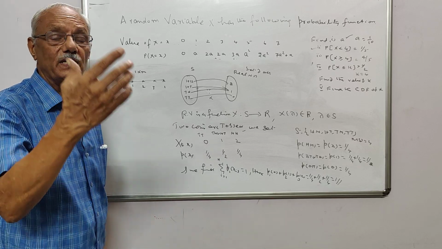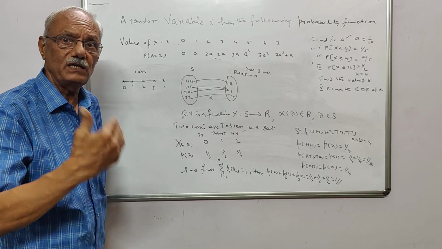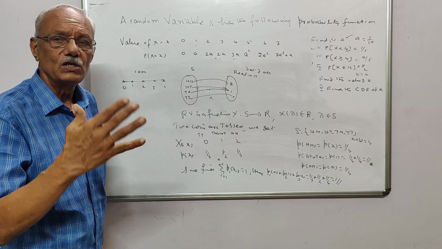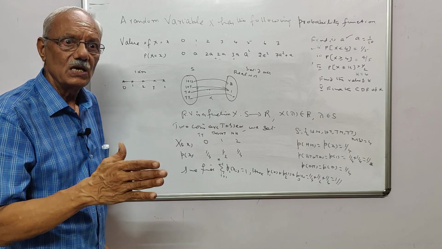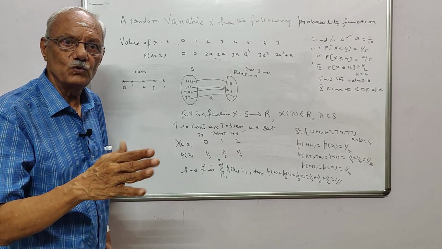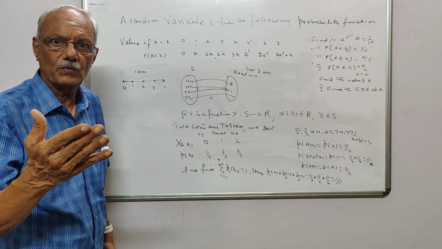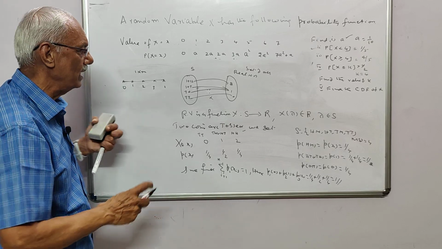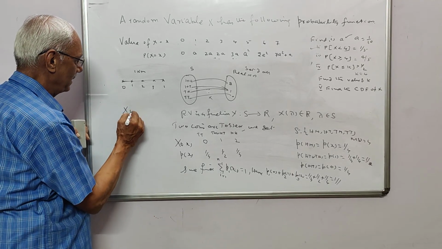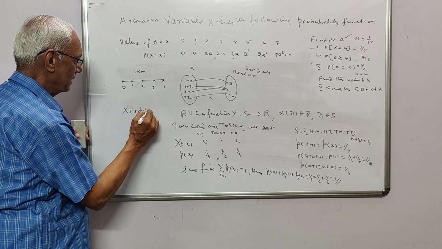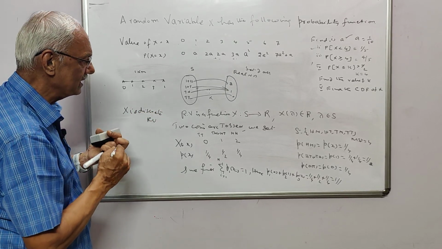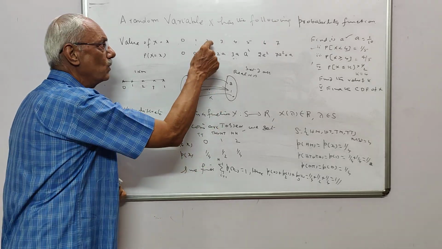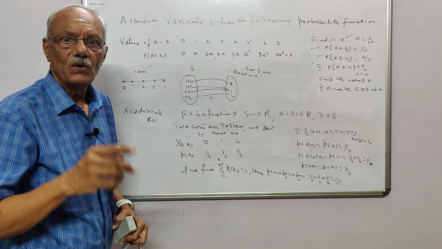There can be any number, but it is countable. If the random variable takes a finite number of values or a countably infinite number of values, then x is called a discrete random variable. Here this is a discrete random variable, and here also this is a discrete random variable.